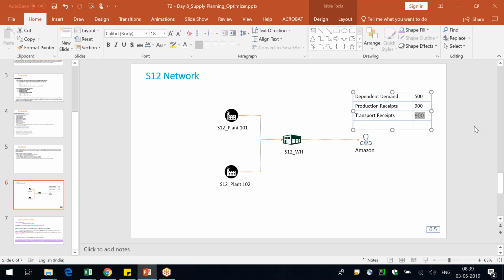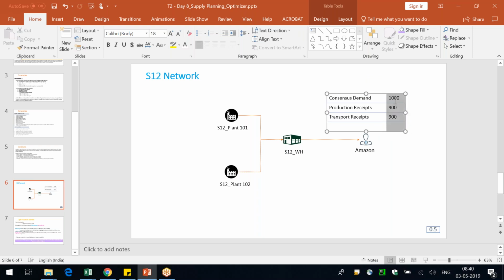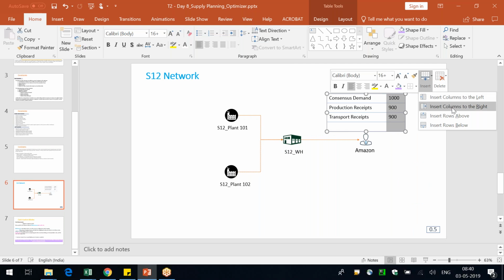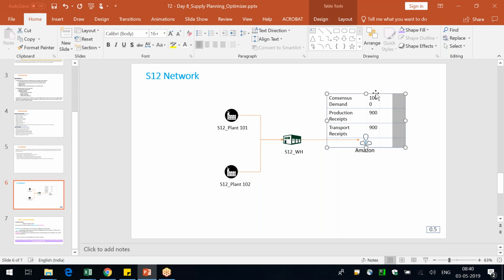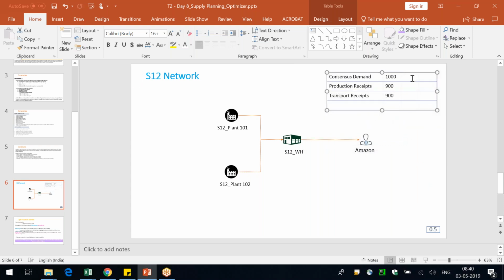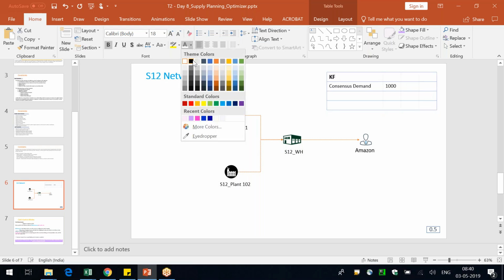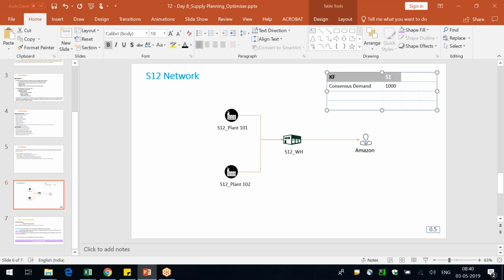They will be respected. So if you say the customer consensus demand is 1000 here, let's say this is week 1, week 2, and week 3.